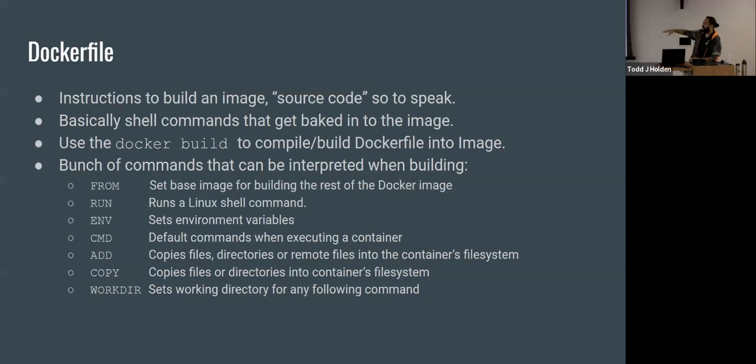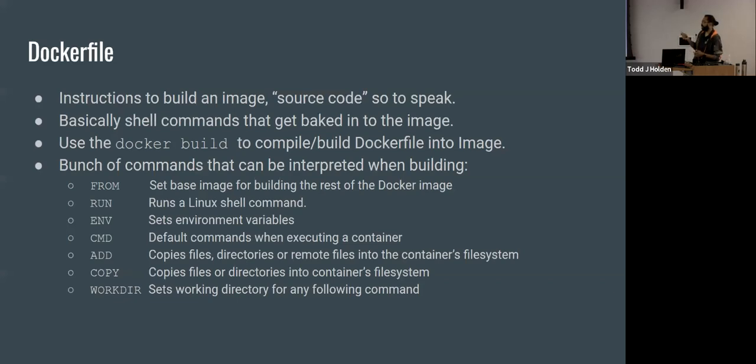The add and copy, they are slightly different. We'll go over the differences in the next slide, but basically what they do is they copy files, directories, whatever, from some file system, generally the host file system, into the container, right? So let's say you have large files which exist outside. You don't want to sort of manually copy everything. So you use the add and copy to put things into your image.